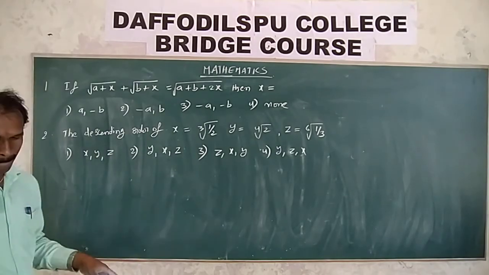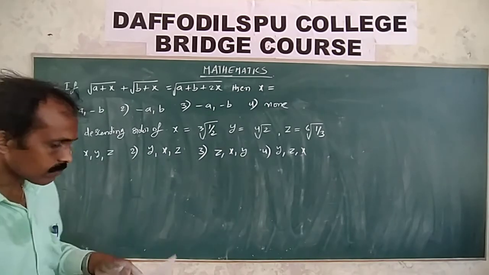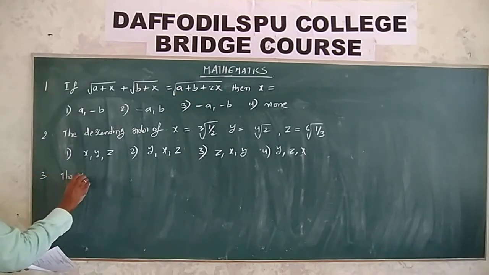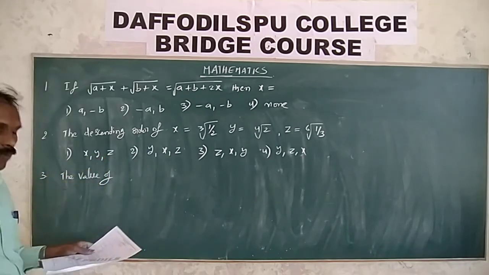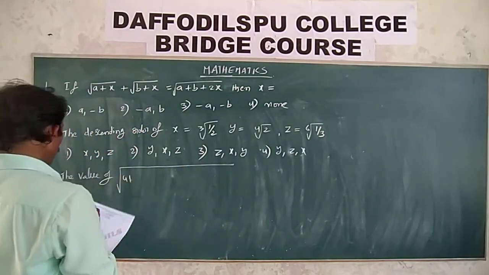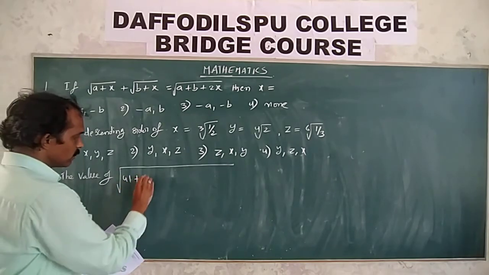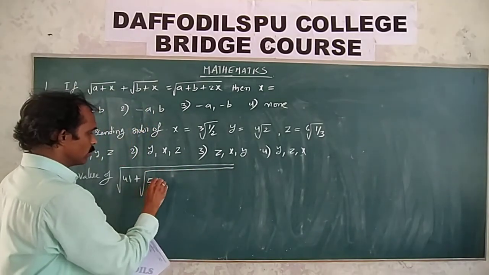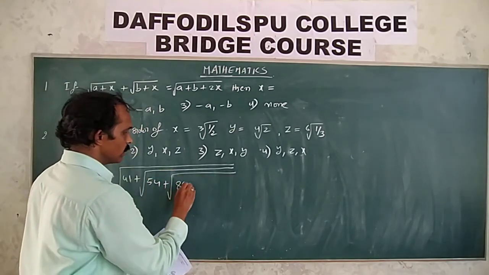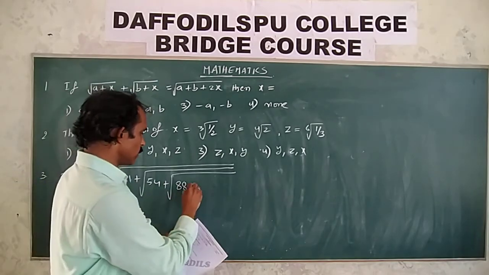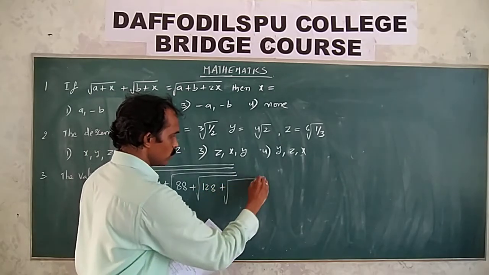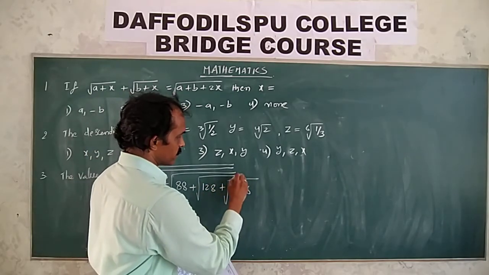One more problem. Number 6. The value of square root of 41 plus square root of 54 plus square root of 88 plus square root of 128 plus square root of 256.